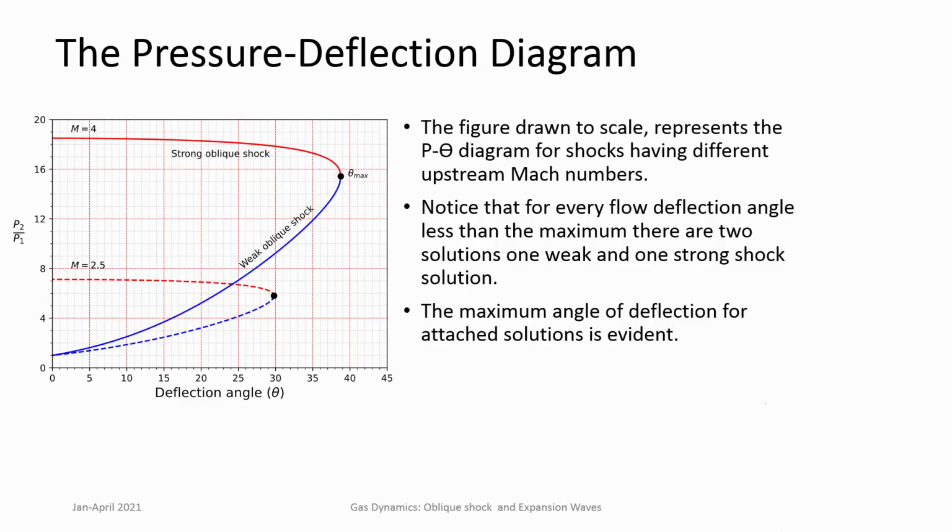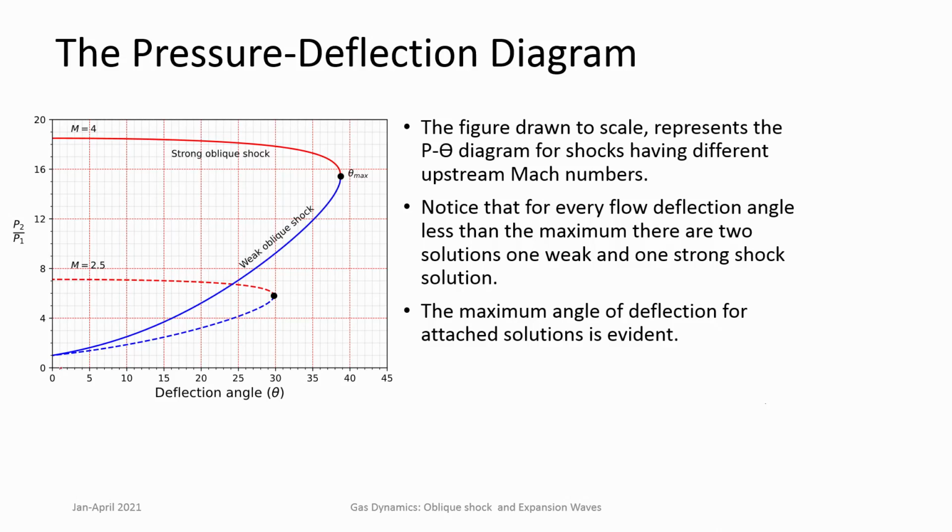Before we go into reflection itself, it is useful to look at what are known as pressure deflection diagrams. They are a plot of all possible shock waves. Oblique shock waves also include, see, the normal shock is a special case of an oblique shock. So, if you plot all possible shock states for a particular Mach number, the pressure ratio across the shock versus the deflection angle for one given Mach number.